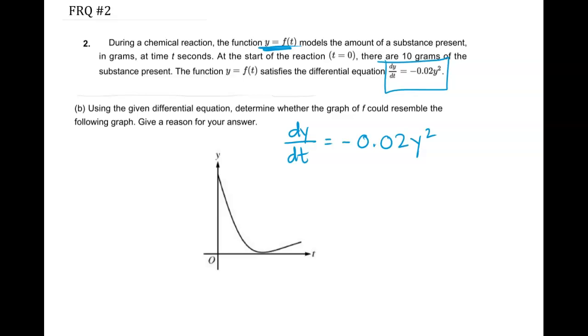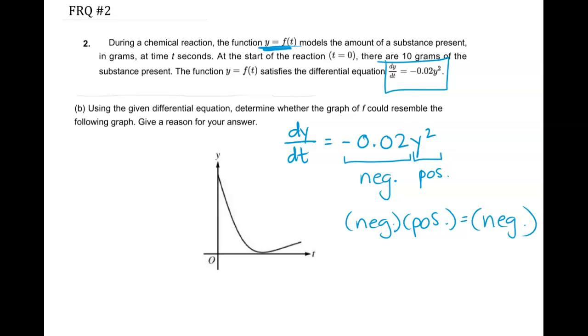Let's think about how this behaves. Negative 0.02 is a constant, and it's always negative. y squared is always positive. And so if we multiply a negative times a positive, negative times positive is always going to be a negative value.